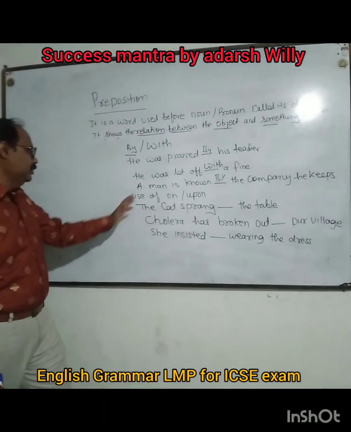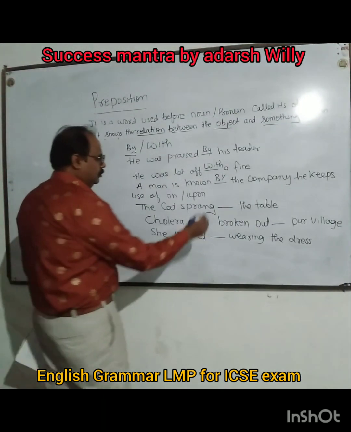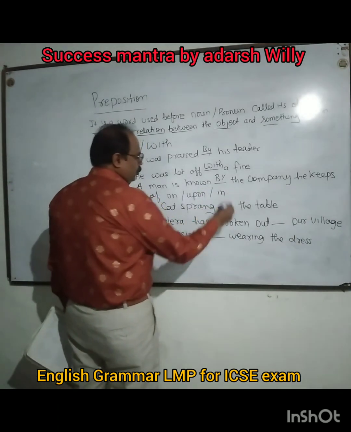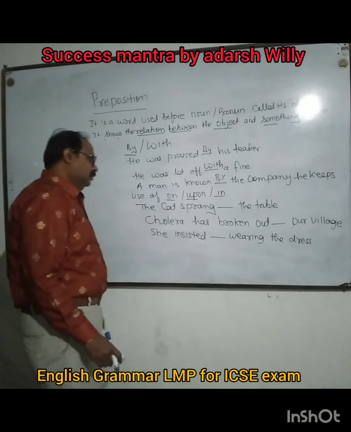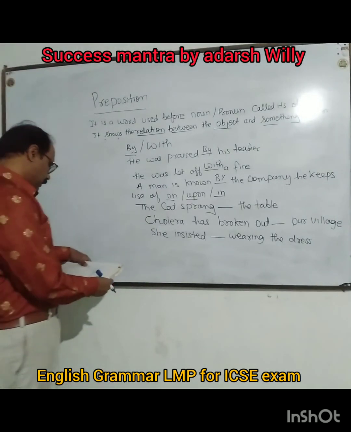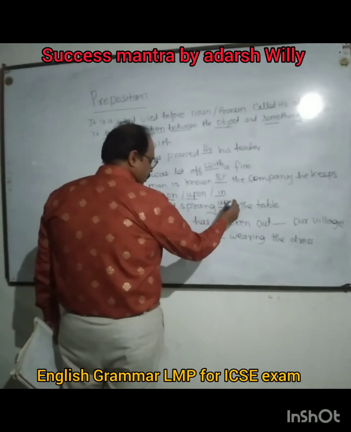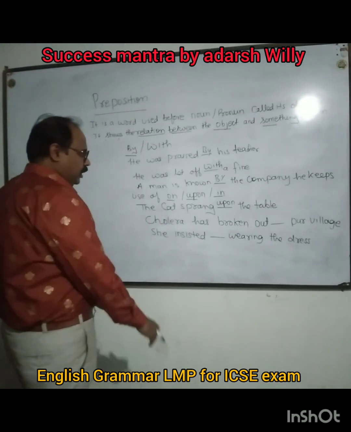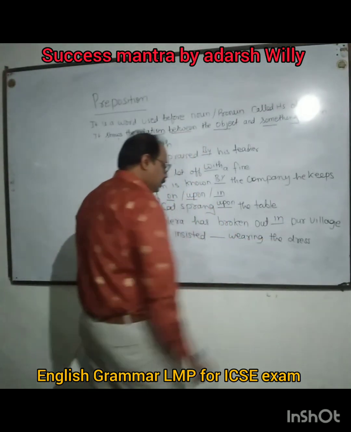Now see which one you will use from here. Sir, the cat sprang upon the tree. In also you add over here. Now see the use of on, upon and in. Sir, upon. The cat sprang upon the table. So here upon will come. And in this, cholera has broken out in. Right. In is the right answer.